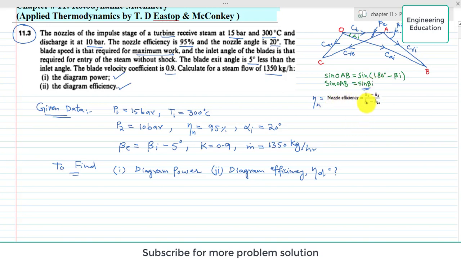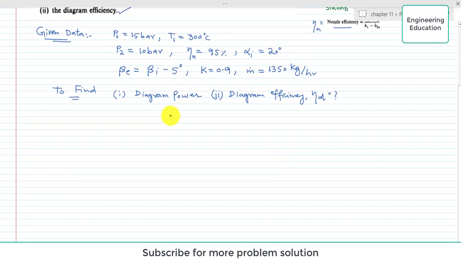Similarly, nozzle efficiency is equal to the actual enthalpy drop, which is H1 minus H2, over the isentropic enthalpy drop, H1 minus H2S. So the nozzle efficiency expression is H1 minus H2, the actual enthalpy drop, over H1 minus H2S, the isentropic enthalpy drop.